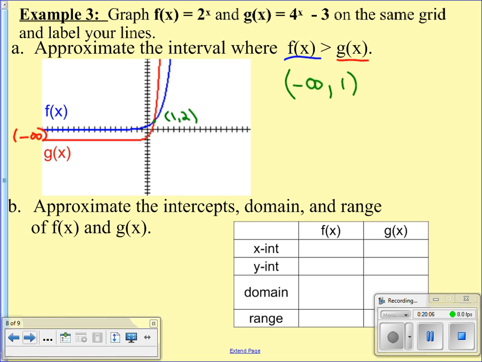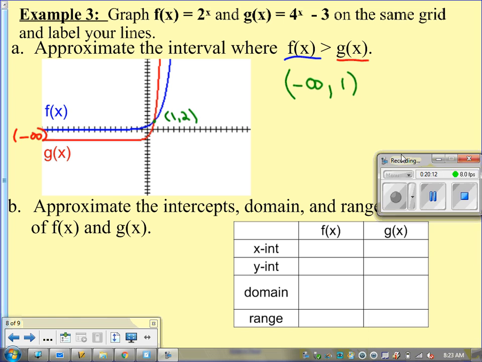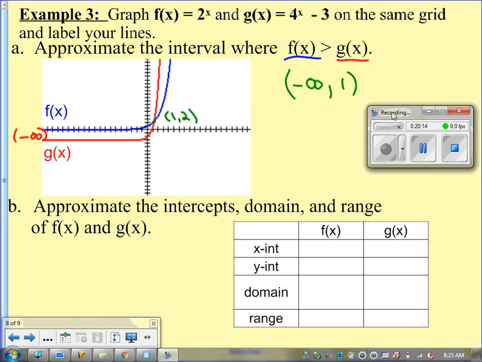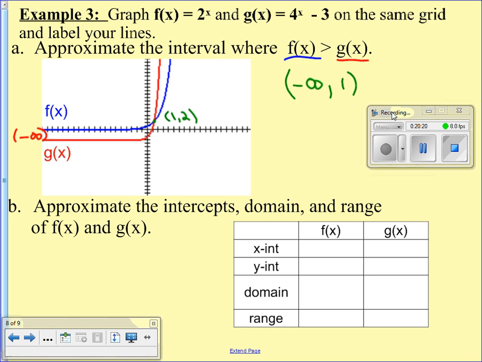Part B, approximate the intercepts, domain, and range. So for f of x, our blue function, there is no x-intercept. The reason being, f of x has an asymptote of 0, the x-axis, so it's never going to cross the x-axis.